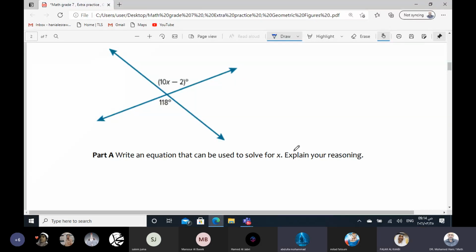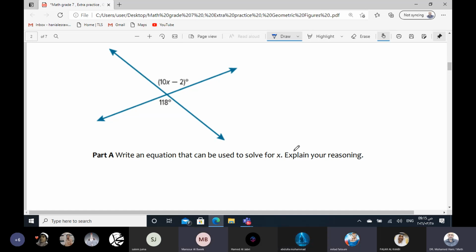Mr., I know what the equation is. Yes, Falah? 10x minus 2 equals 180. Okay, thank you, Falah. Who has a different answer? I say x is 12.